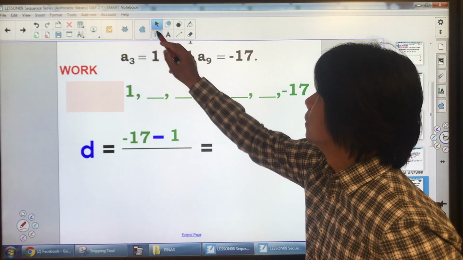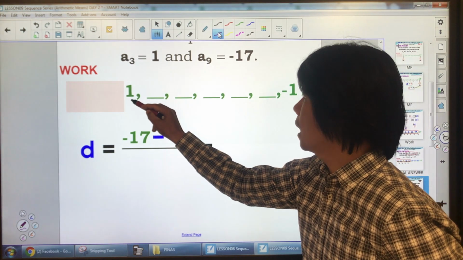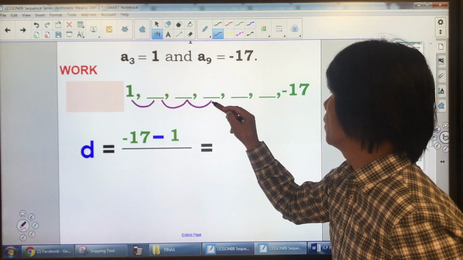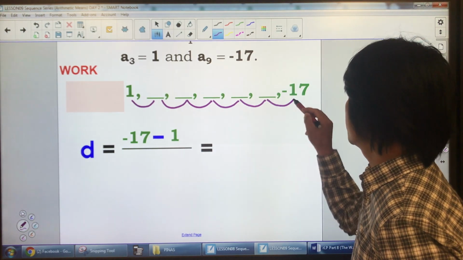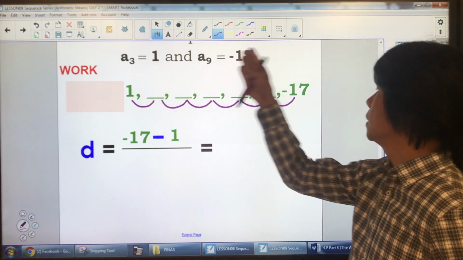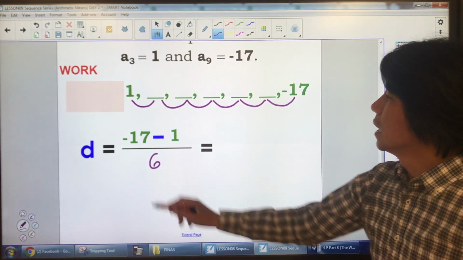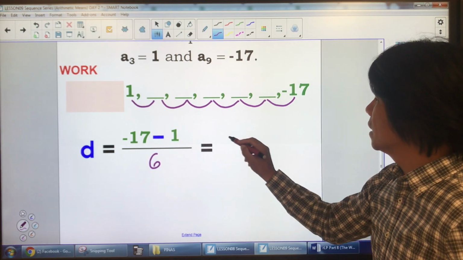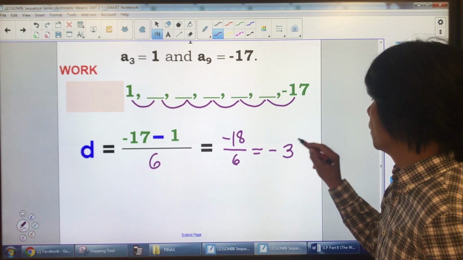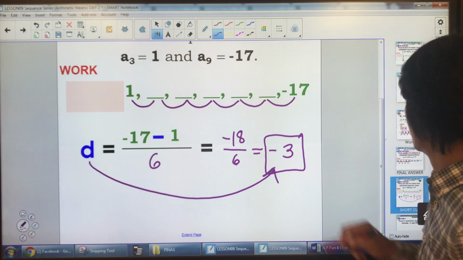Divided by, remember from previous video, you count the number of skips. 1, 2, 3, 4, 5, 6. 6 spaces from the first one to the last term. So divide this by 6. Negative 17 minus 1 is negative 18 divided by 6. That's negative 3. That's the common difference.